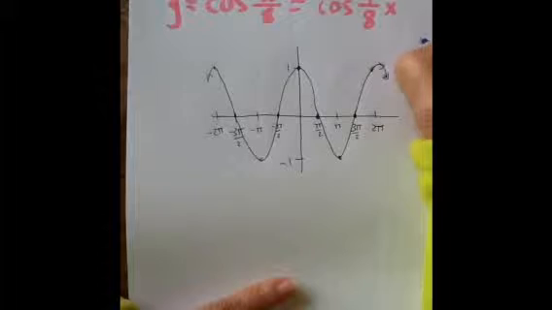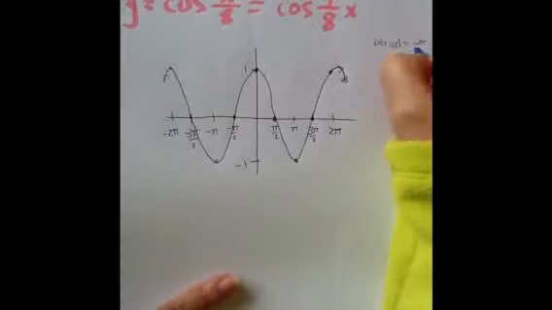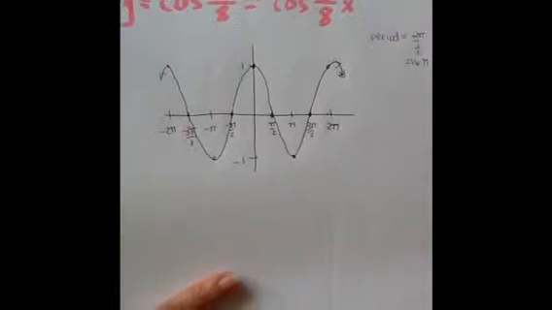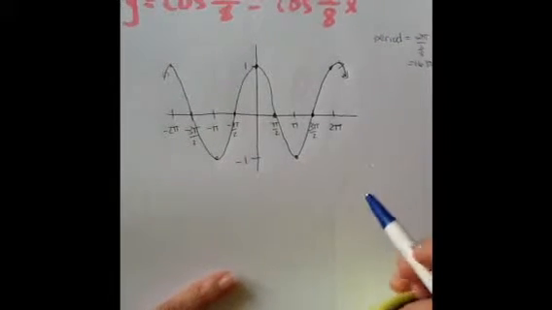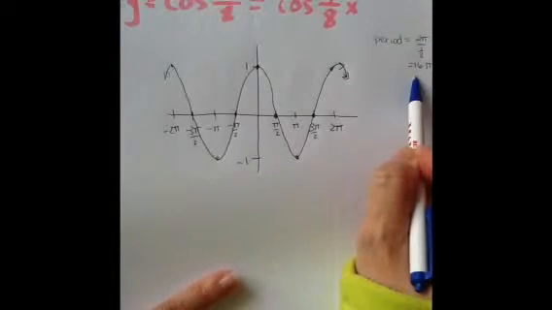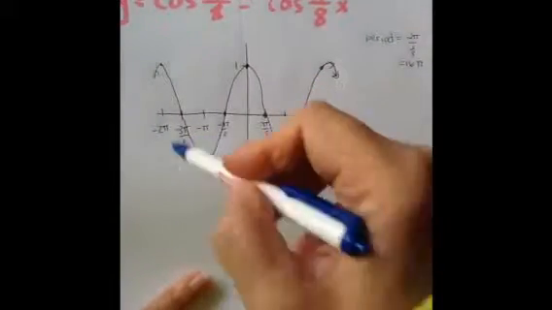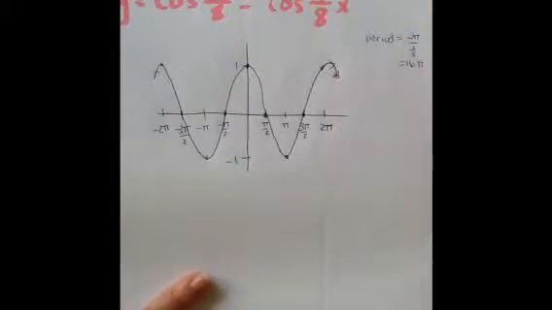Another way to look at it is that your period for this new one is going to be 2 pi divided by 1/8, which is 16 pi. So this particular graph is going to make one complete cycle in 16 pi radians. This will happen much more frequently, and this one will really be stretched horizontally.